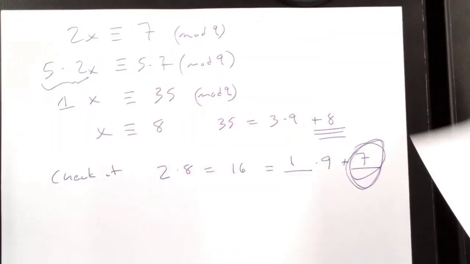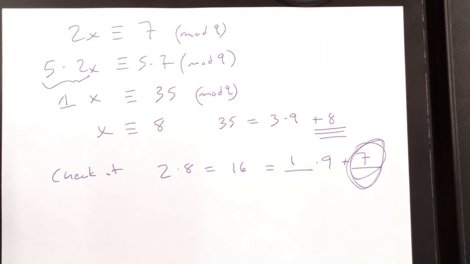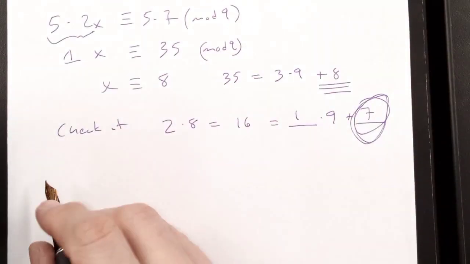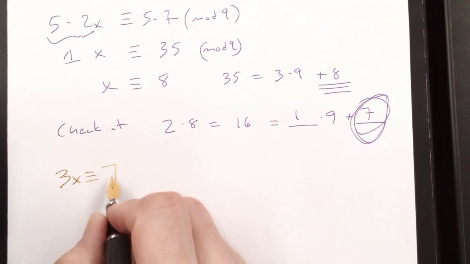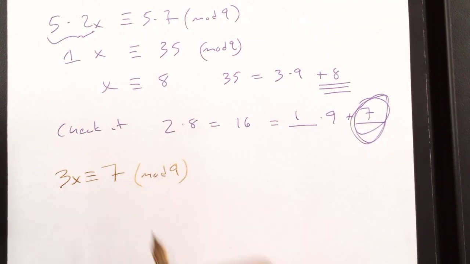Now, I'm going to be the first person to admit there's a problem here. This one was rigged. Because if I ask you to do the same thing for the equation 3x is congruent to 7, let's find our multiplicative inverse.